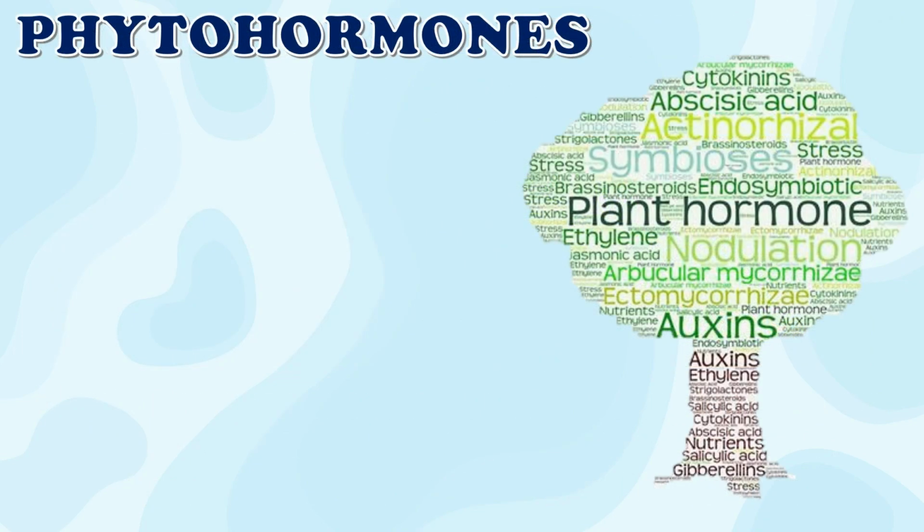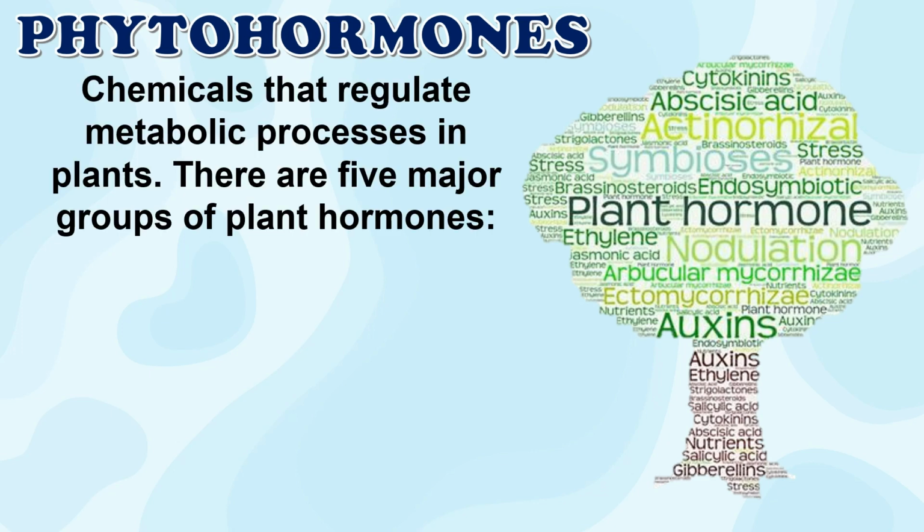Again, phytohormones. Phyto means plant, meaning it is about the hormones in plants, which are a chemical control and are chemicals that regulate metabolic processes in plants. And there are 5 major groups of plant hormones that help regulate plant growth or ripen the plant or the fruit, and it is natural for plants.